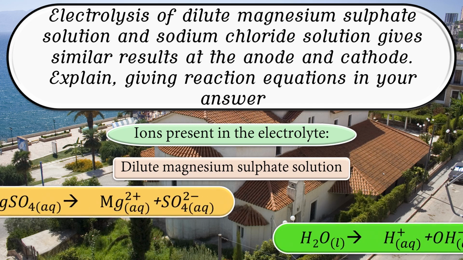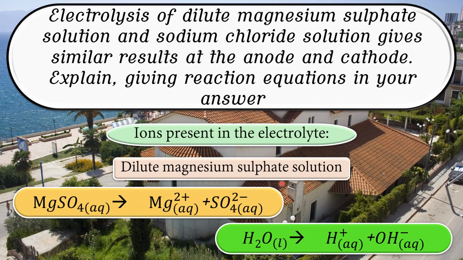So when you look at our magnesium sulfate solution, it is aqueous, therefore it is going to dissociate or ionize and give us magnesium 2+ ions and then sulfate 2- ions.